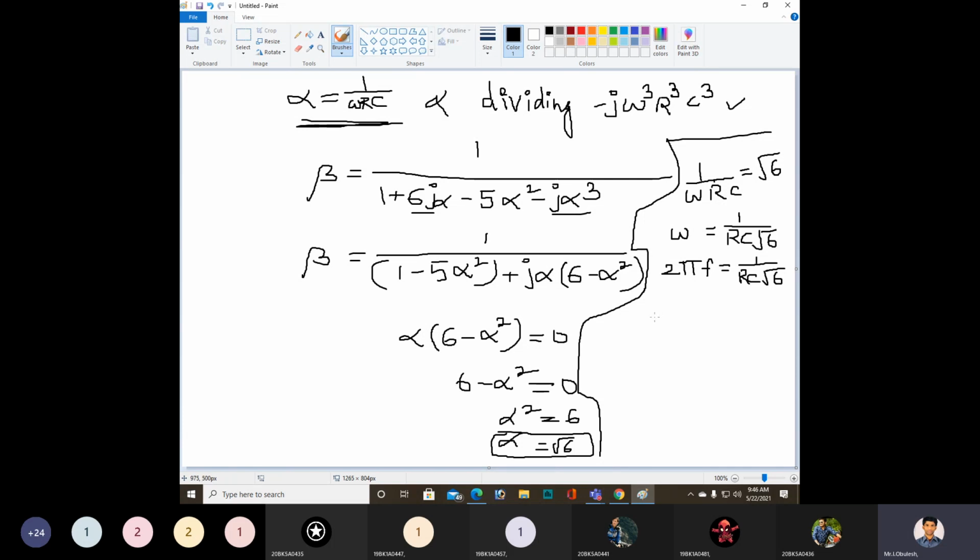F is equal to, we are going to calculate the frequency of oscillations only, na? F is equal to 1 by 2 pi RC root 6.